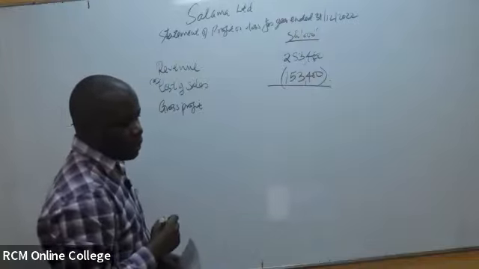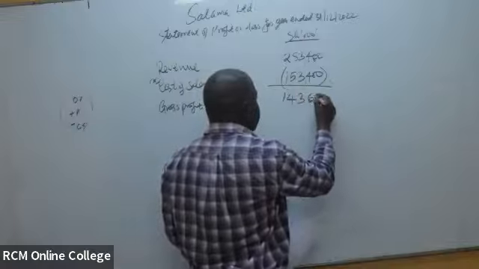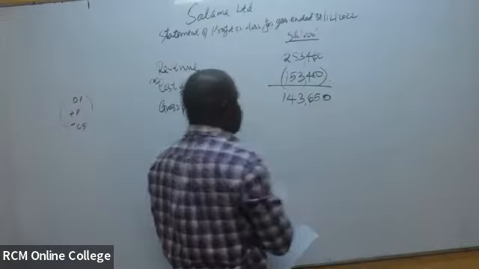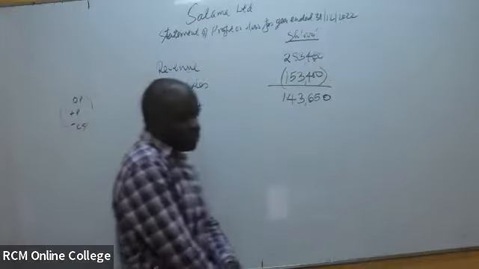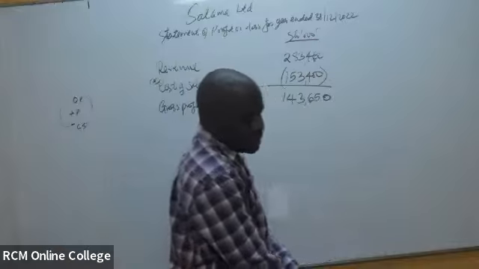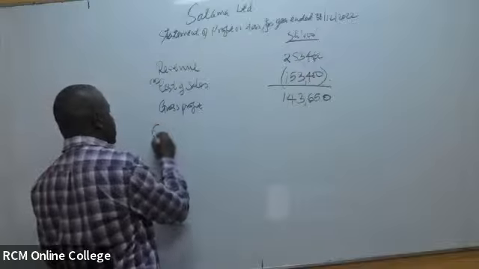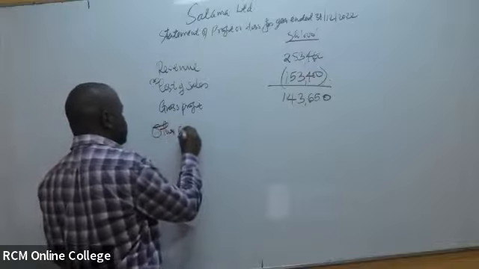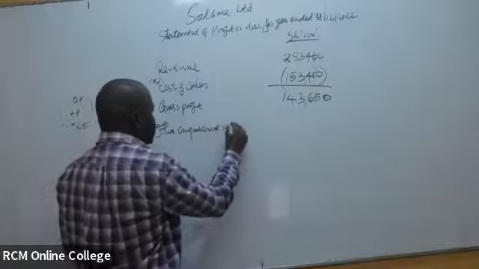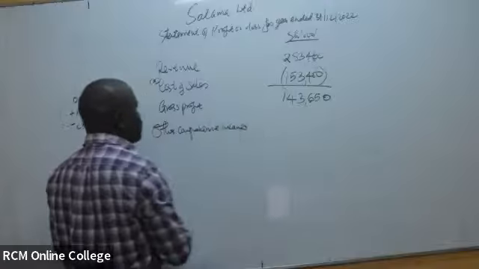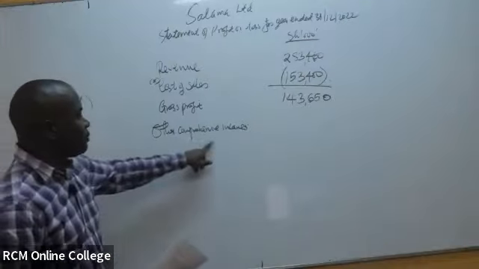So under the gross profit, as per the presentation requirements, you'll add other comprehensive incomes.